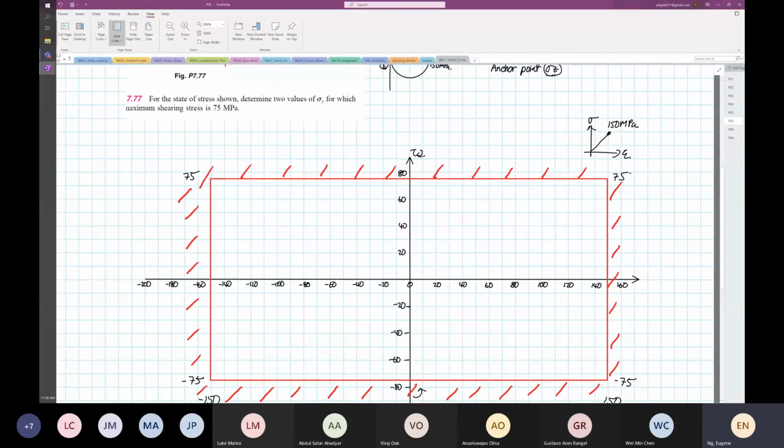Okay, so let's start solving the problem. So we know that one of our stress state is at 70. So I'm going to draw the 70 line. Okay, and then the shear is at 40. So we know that that is our shear at 40.